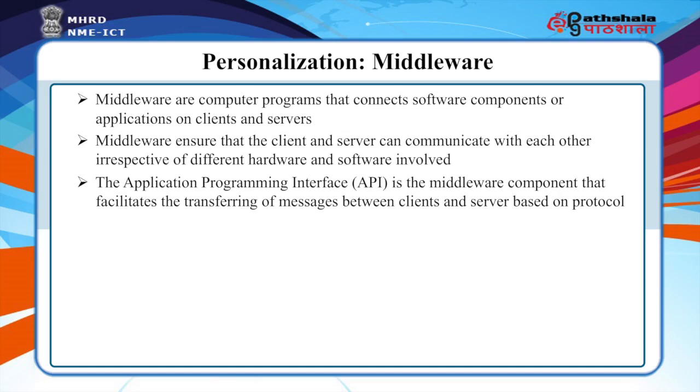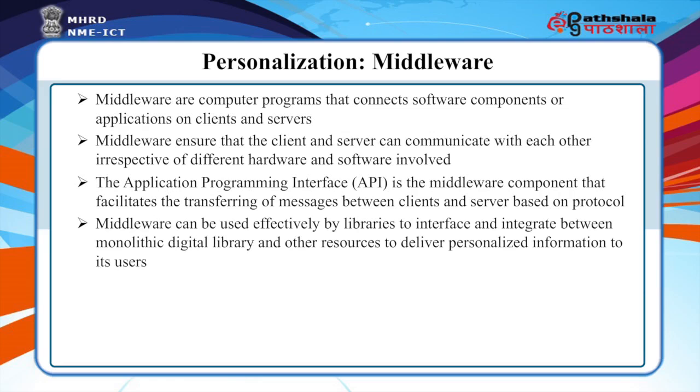The Application Programming Interface, API, is the middleware component that facilitates the transferring of messages between clients and servers based on protocol. Middleware can be used effectively by libraries to interface and integrate between monolithic digital library and other resources to deliver personalized information to its users.